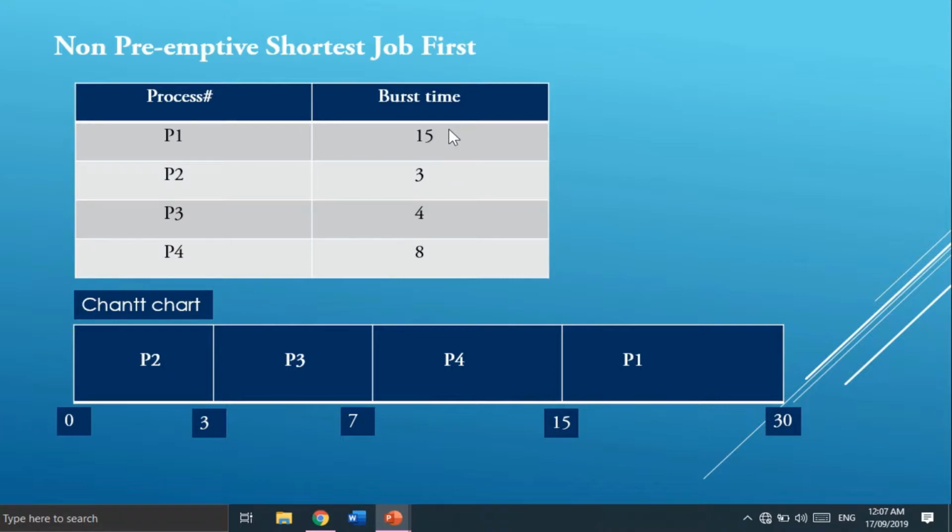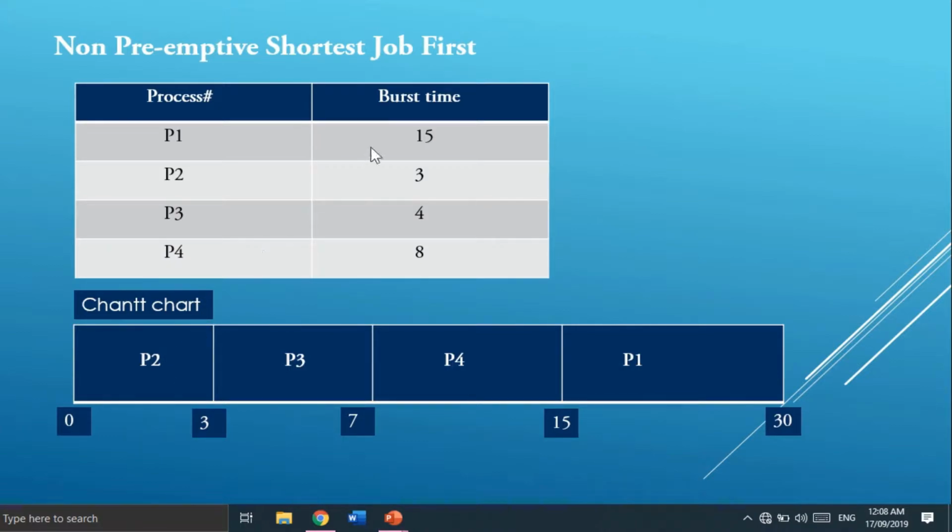As you can see, we only have two columns, the process number and the burst time. We don't need a column for arrival time because we consider it 0, as I said earlier. So in shortest job first scheduling, the shortest process is executed first.